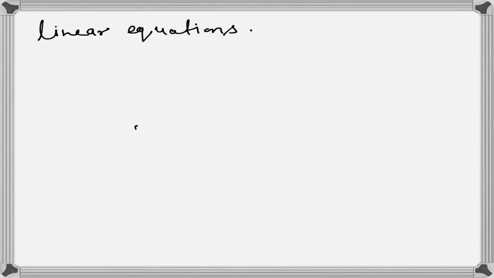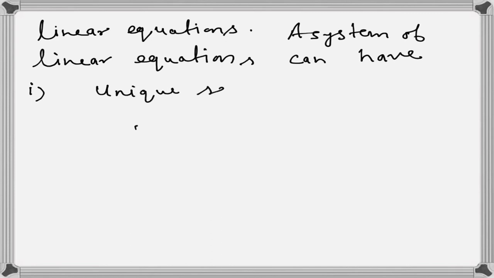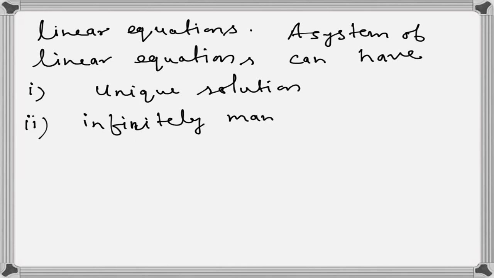So a system of linear equations can have a unique solution, it can have infinitely many solutions, and it can also have no solution.